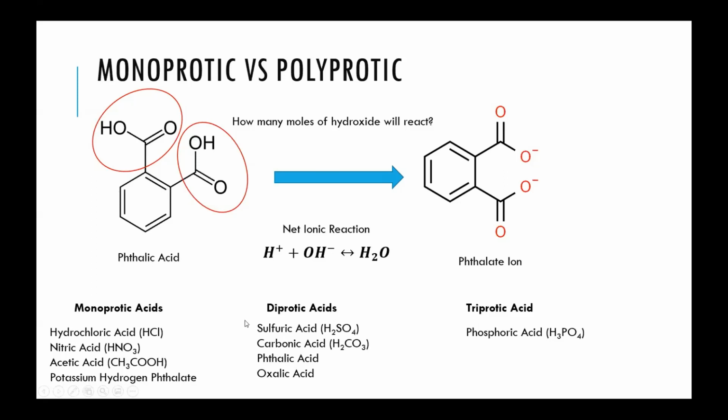Many of the acids that you're working with might be monoprotic or just have one hydrogen on them: hydrochloric acid, nitric acid, or acetic acid.